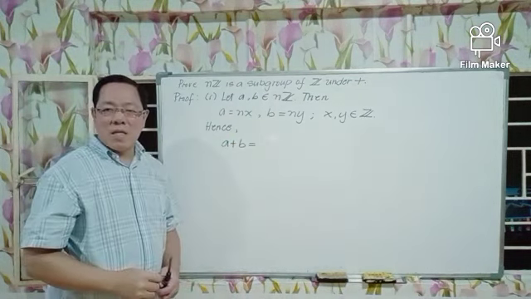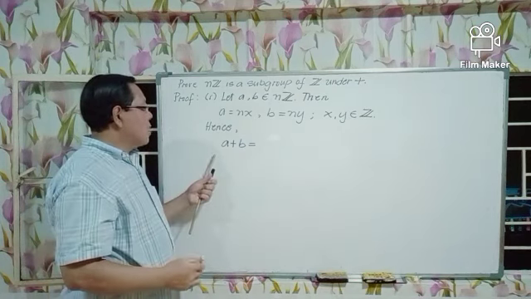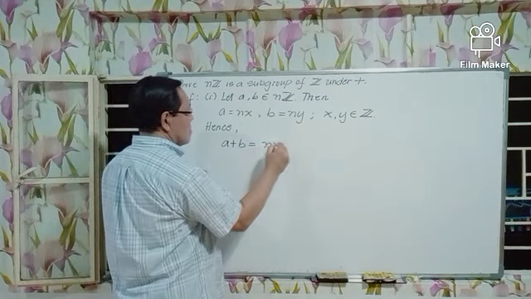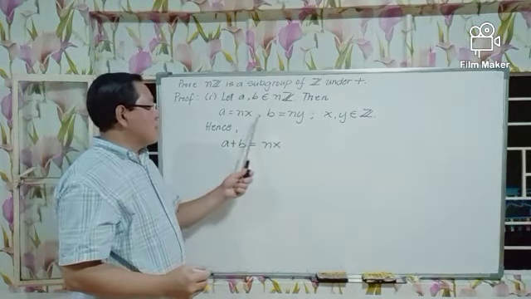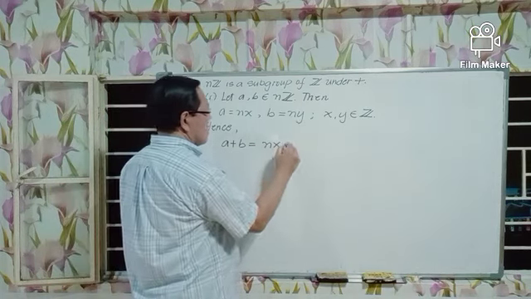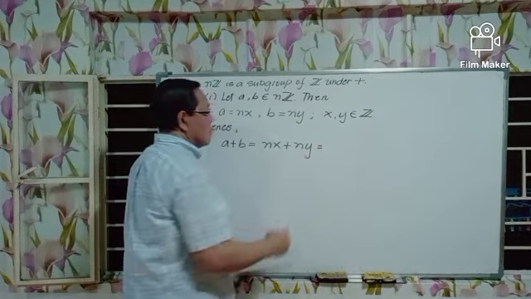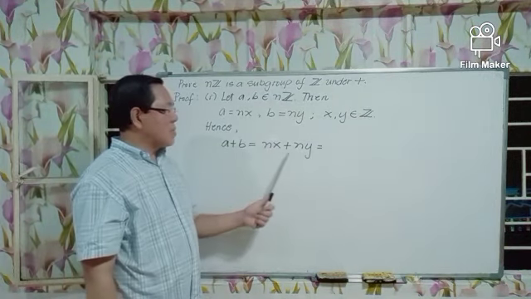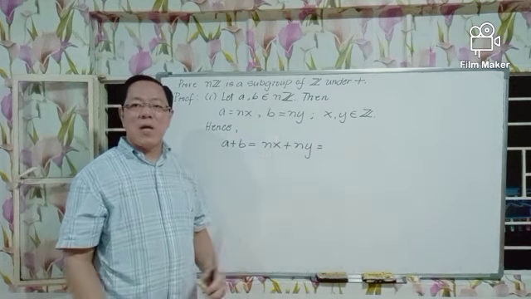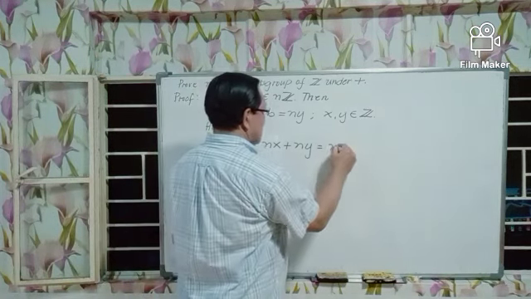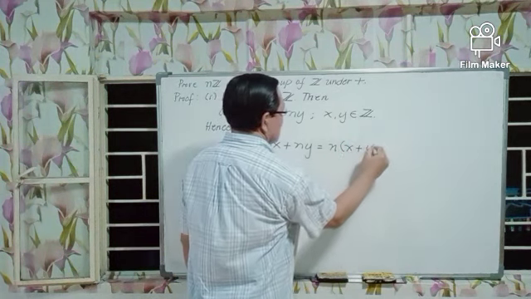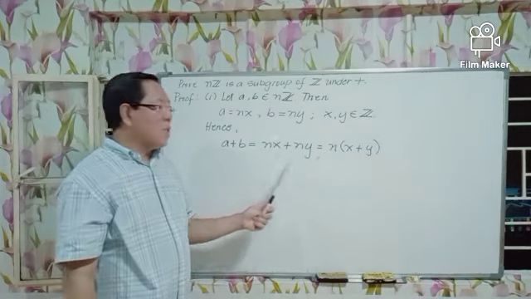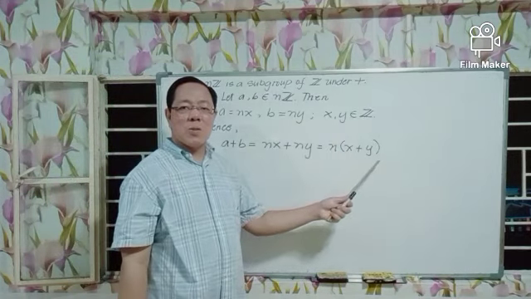We now add, we get the sum a plus b, but a is equal to nx, plus b, but b is equal to ny. And we have a common factor in these two terms. The common factor is n. We factor out n, and we get n multiplied by the quantity x plus y.